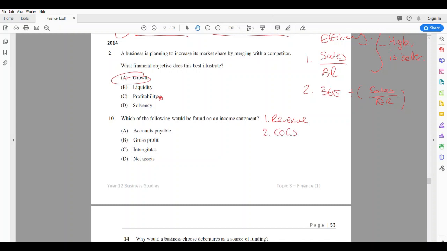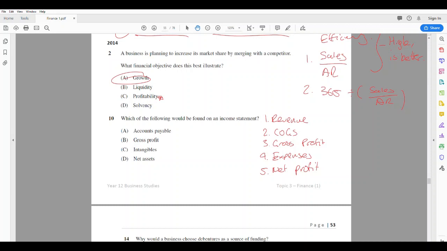So our stock is a factor of that. 3, from these two, we can calculate gross profit. 4, we have expenses. And the last one, from our gross profit and expenses, we get net profit.